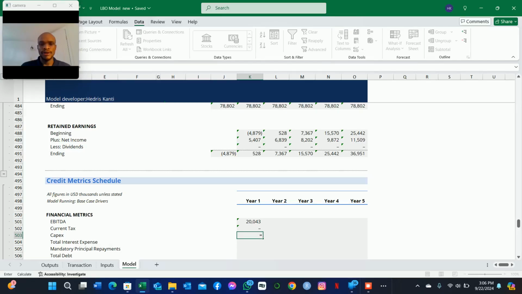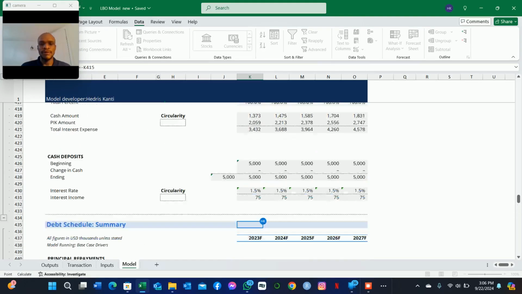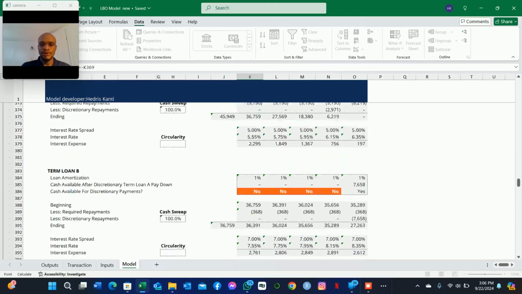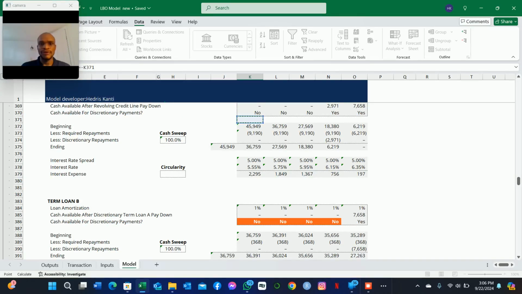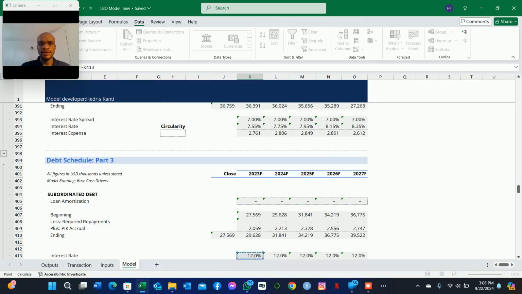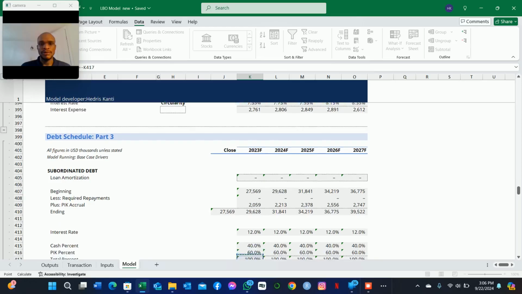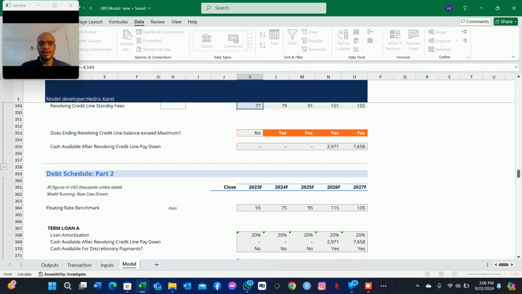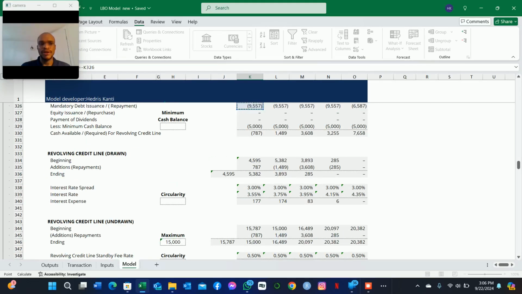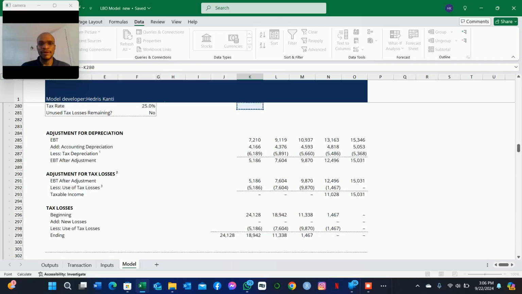And our capital expenditures, we also have to reference that from our cash flow statement. Whatever this company at this point in time after the transaction planned on spending on capex, we reference that from the cash flow statement.